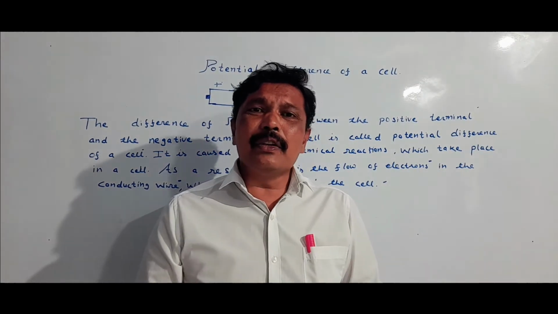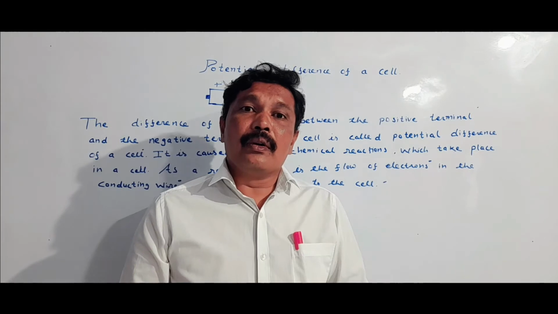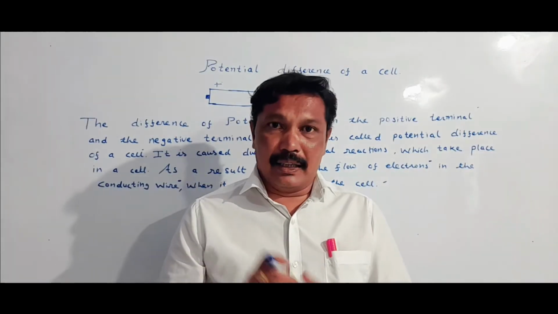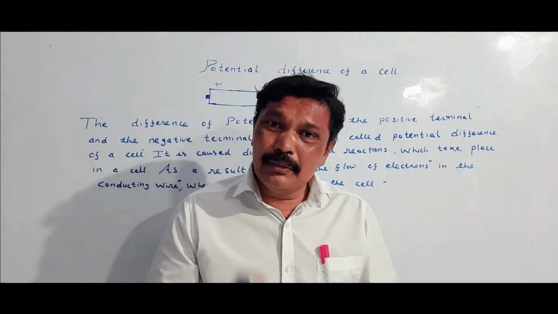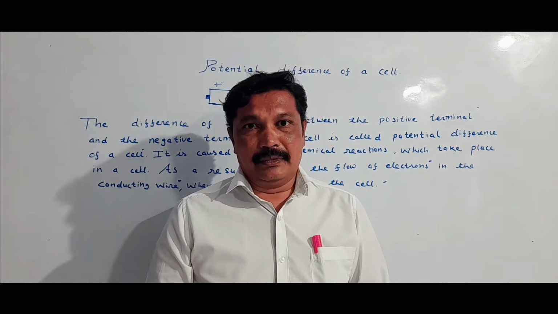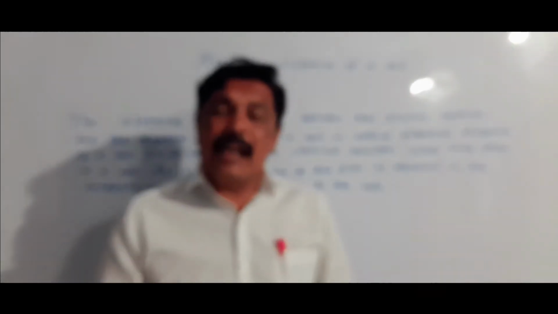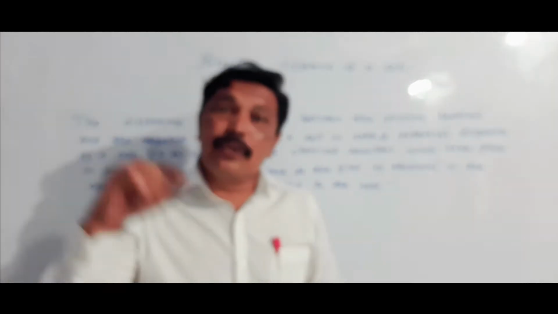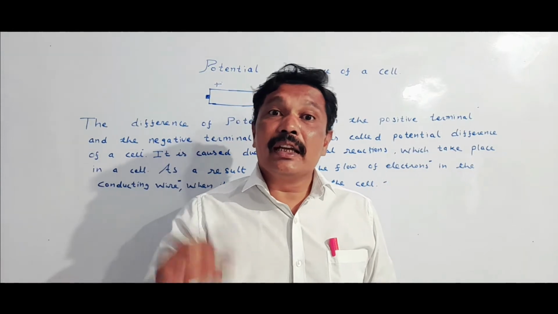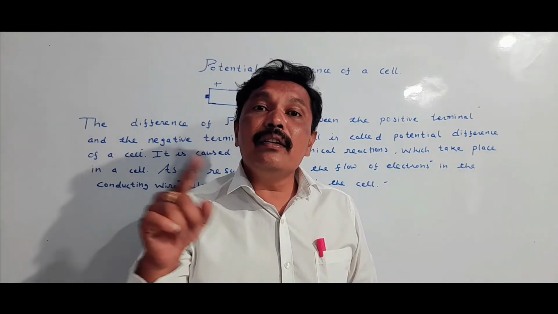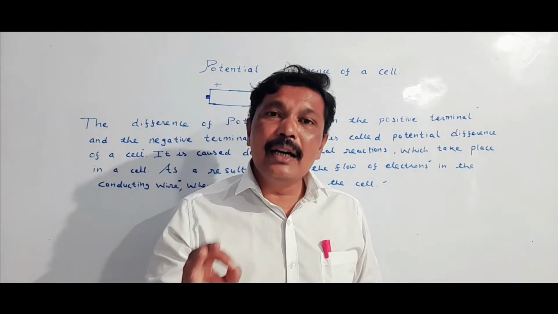This potential difference is due to the chemical reactions taking place in the cell. The cell is made up of chemicals, and the chemical reaction takes place in the cell. As a result, there is flow of electrons in a conducting wire when the conducting wire is connected to the cell.